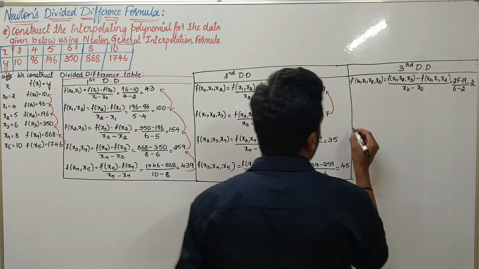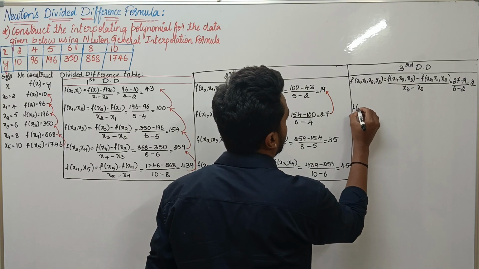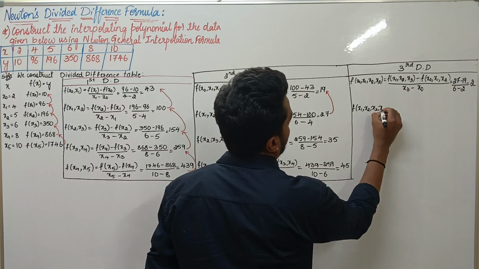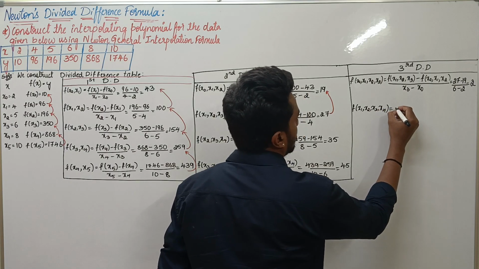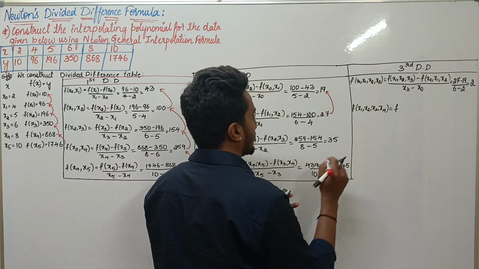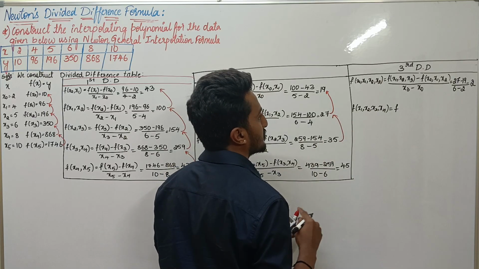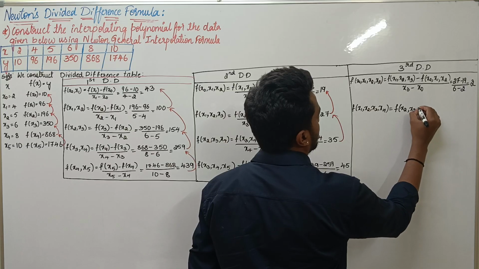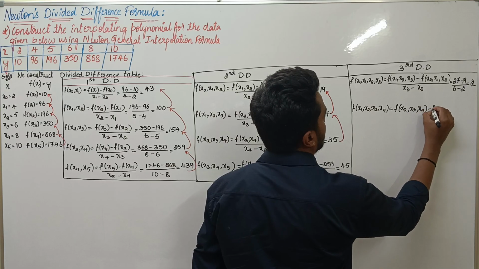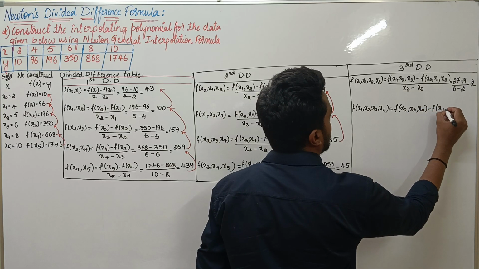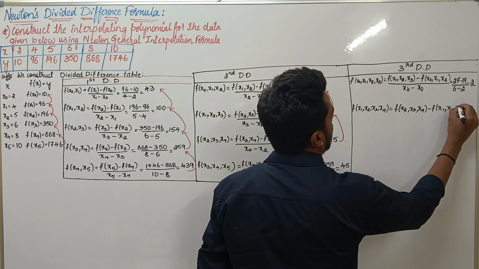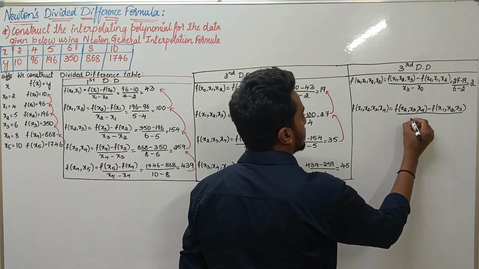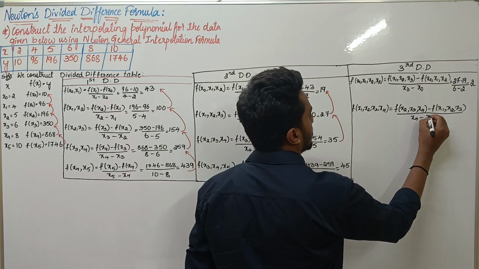Done. Now similarly repeat for the next, f of x1 x2 x3 x4, which is equal to f of x2 comma x3 comma x4 minus f of x1 comma x2 comma x3, whole divided by last element minus first element, that is x4 minus x1.